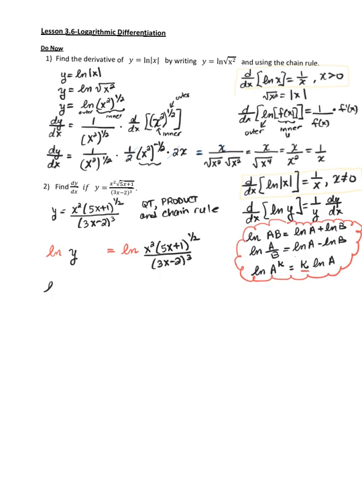Now, we're not ready to differentiate this. We're going to prep it for differentiation. We're going to use the rules of logs first to rewrite the numerator as a sum, because we have the natural log of a product, and the denominator as a difference.